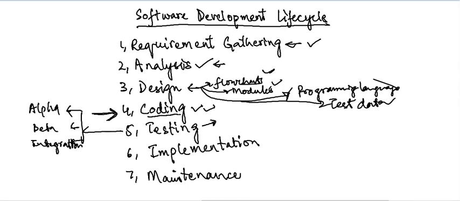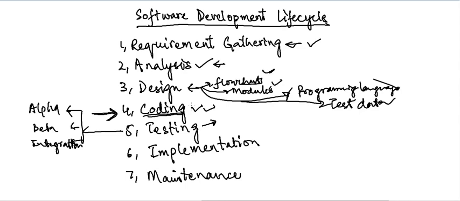So for example, your programmer has programmed a small module, a small part of the entire program, and you can actually test that module even though the remaining modules have yet not been programmed. So you can test modules individually. There's this concept of unit testing where you can just test small pieces of program that have been written.